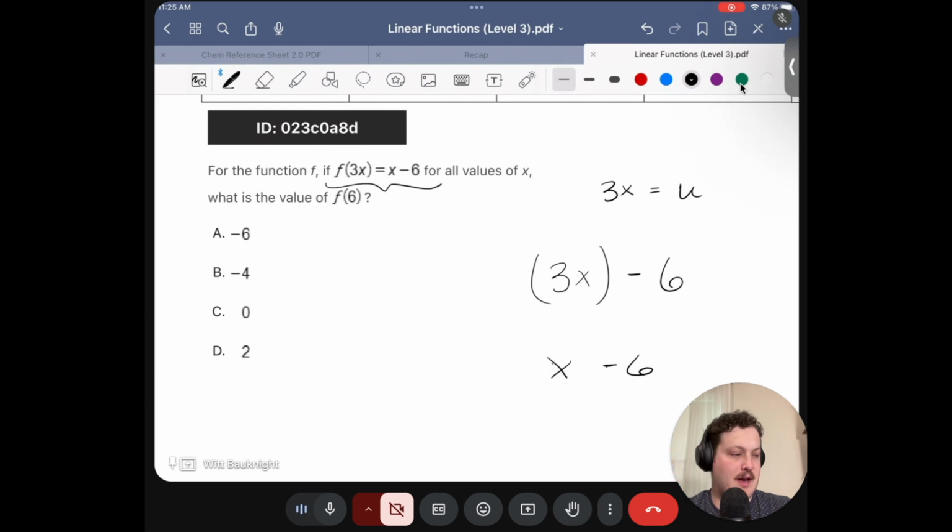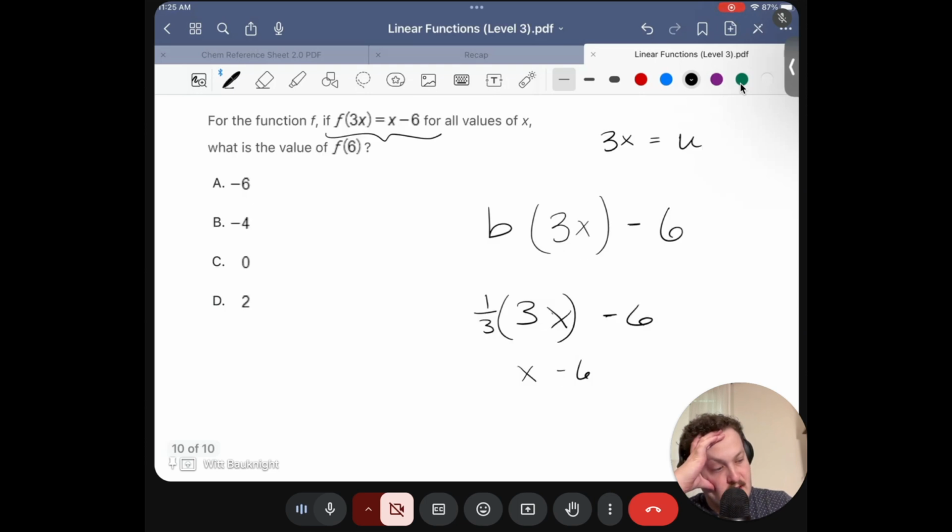So what's like a multiplier, a coefficient that could go there? Well, 1/3 feels right. You know what I'm saying? So 1/3 of 3x is equal to x minus 6. So I believe the function of just f of x is equal to 1/3 x minus 6.